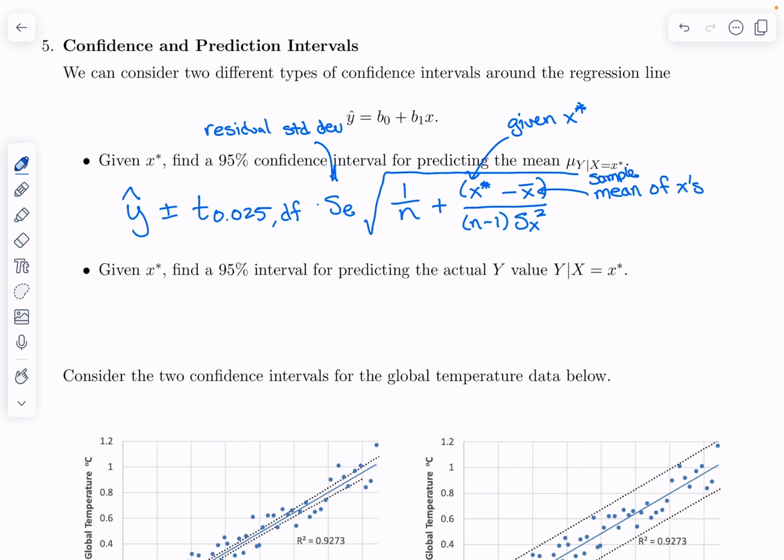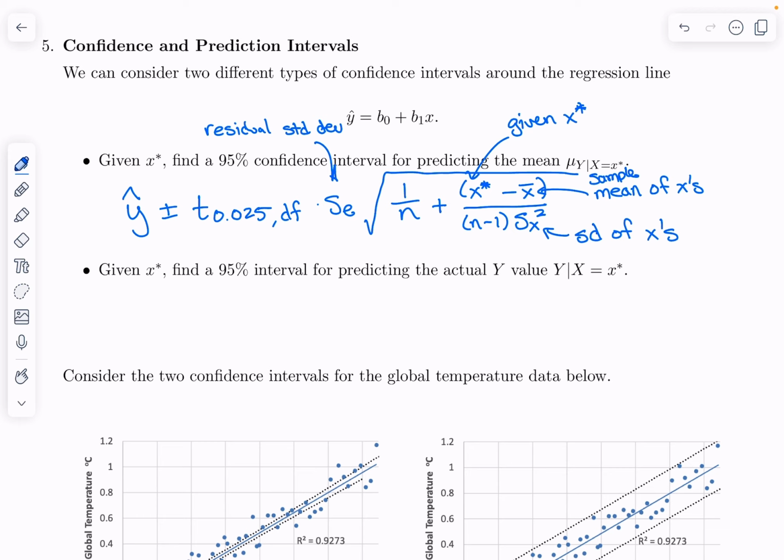And then we're also using the standard deviation of our x's in that formula. And then the idea, say if we're using our heights and weights analogy, is that given a particular height, this would give a confidence interval for the average weight for that particular height. That's one kind of confidence interval.